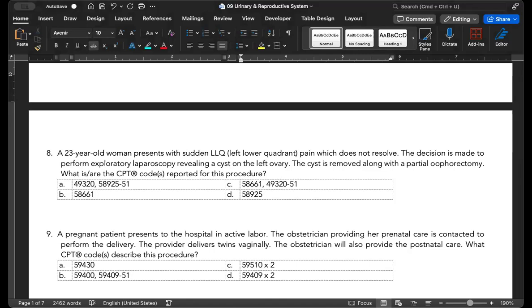Okay, only one. Which one do you think it should be, Sylvia? Should it be the exploratory laparoscopy, or only the cyst removal with the oophorectomy?